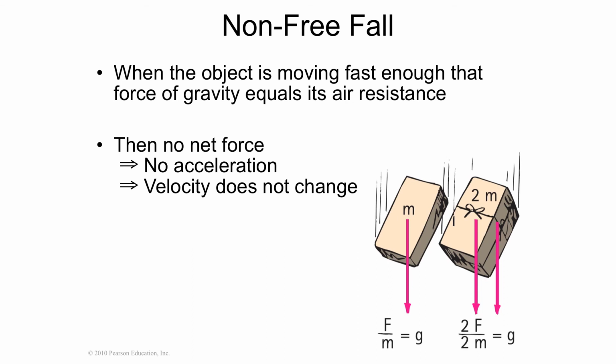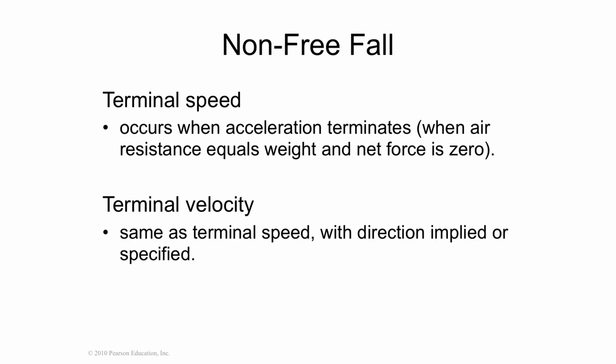It's because gravity is being equally opposed by the force of friction. Essentially, gravity is being canceled out. Terminal speed is how fast you're going to go because you're not getting faster. Terminal velocity is the same, assuming that you're falling down.